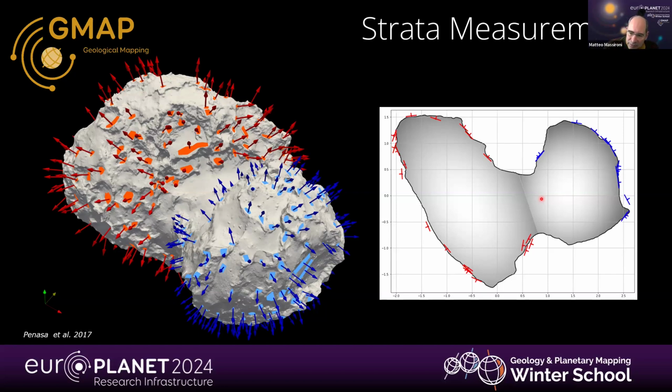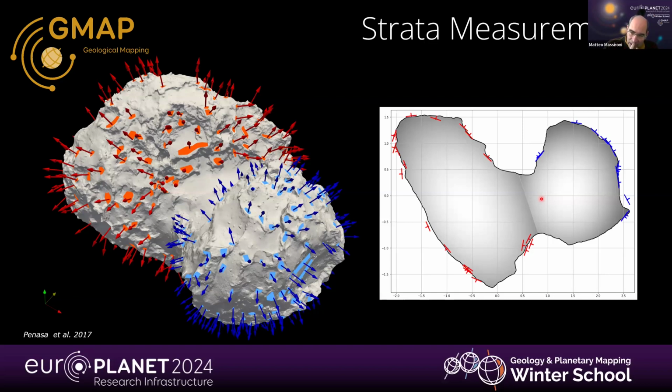This could be a possibility, but was not foreseen before, and we have no model to show it yet. Another possibility is that stratification could be an evolutionary stratification afterwards through thermal waves. We don't know actually, but we know that stratification can be used for understanding the interior of the cometary nuclei.